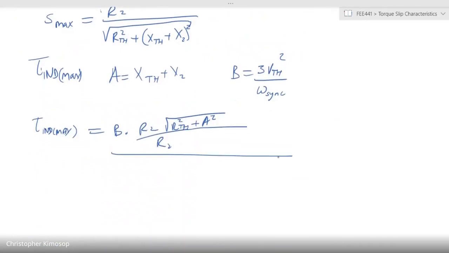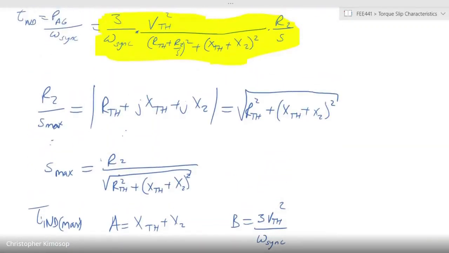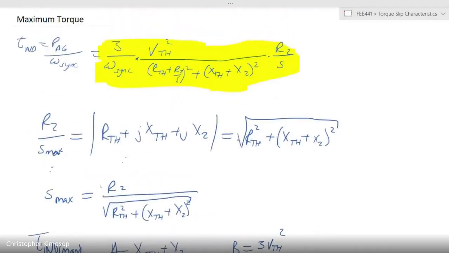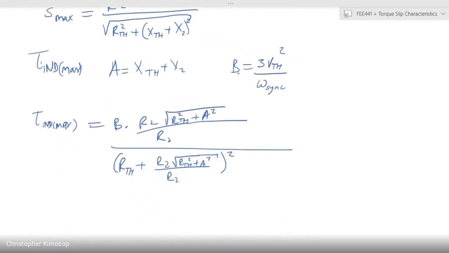Then divided by R1 plus all of that stuff, R1 plus R2 times R1 squared plus A squared, all squared, plus A squared.